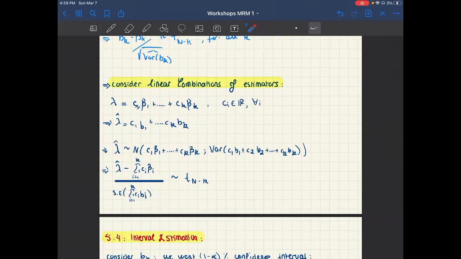And similarly, if you standardize this by subtracting off the mean right here, this term and this term are exactly equal as far as I'm concerned. And you divide by the standard error of lambda hat right here, which is equal to this.